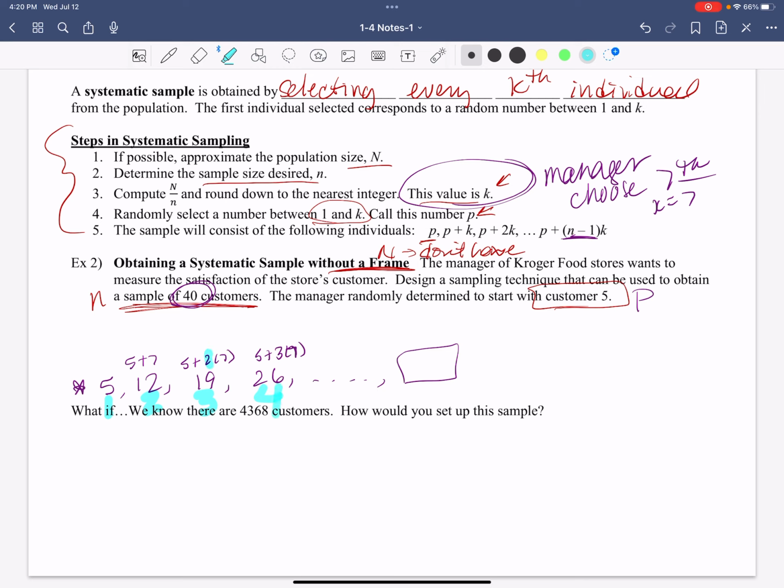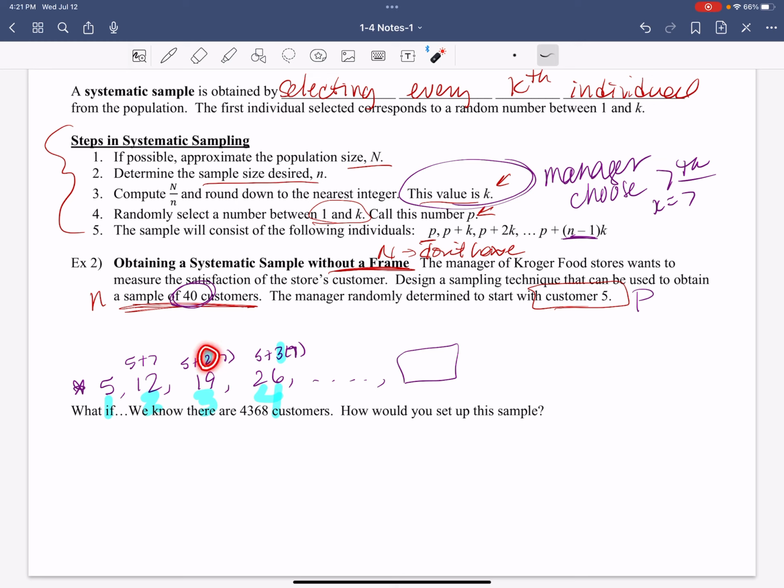But look at what's happening here. If I'm looking at this one, I have my very first one that we're starting with. Number 1 is the 5. That's my P. Then I add the K value to it. I'm adding 1 K to it because I started with the P, so I only have 1 K for this second term.